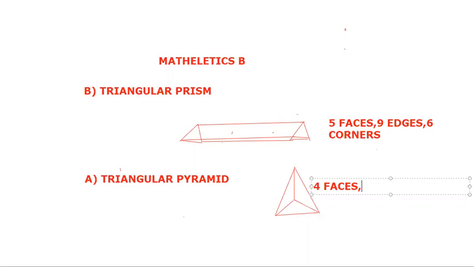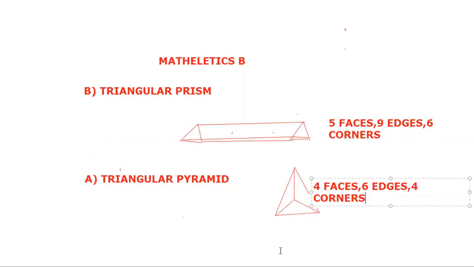The bottom face consists of 3 lines and 4, 5, 6. So 6 edges. And how many corners? Certainly 1, 2, 3, and 4. 4 corners are there. Clear? These 2 figures are different, so I have discussed.